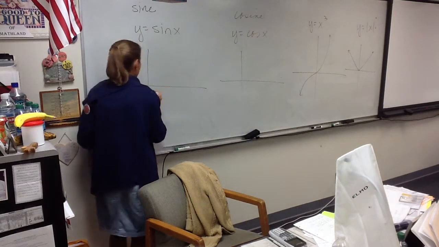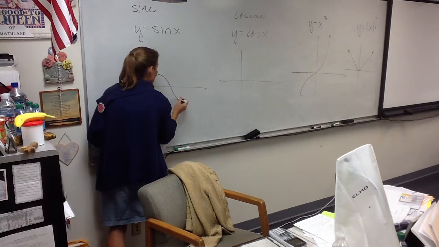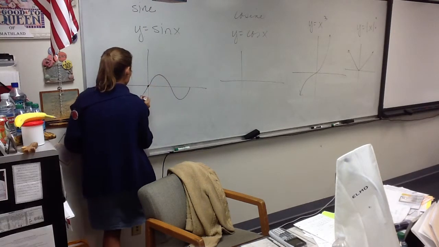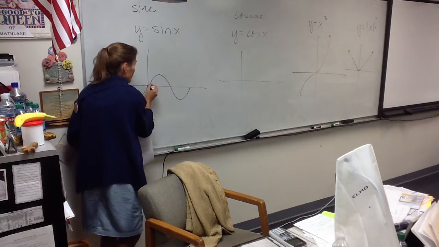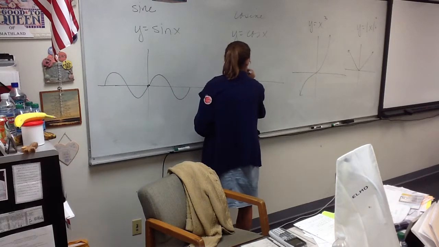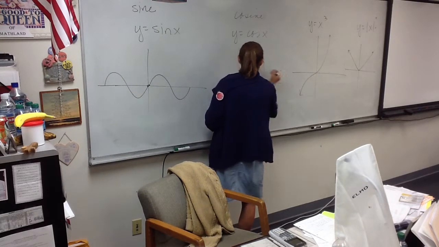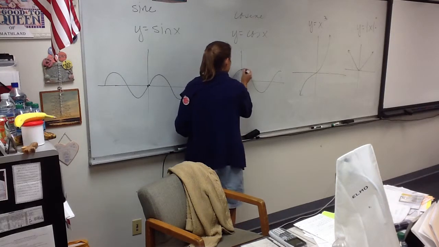The difference is the sine function goes through the origin. So this will be a picture of the sine function. It goes through the origin. The cosine function has the same hills and valleys, but it starts up here.